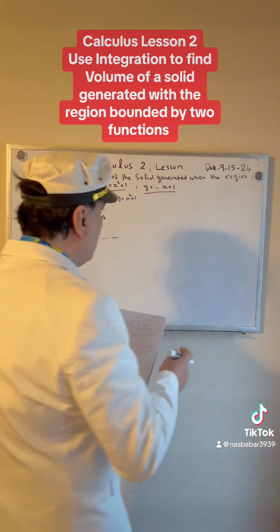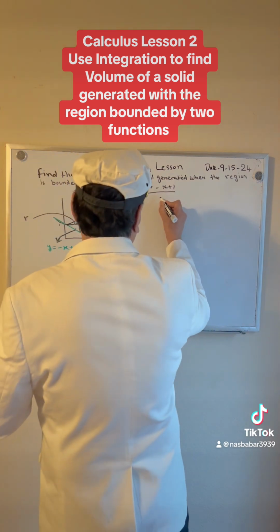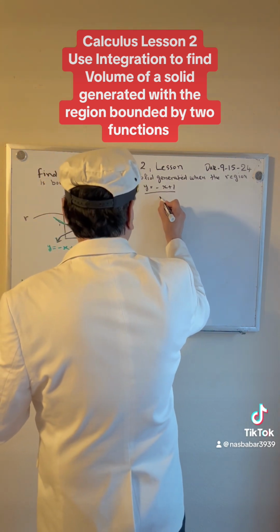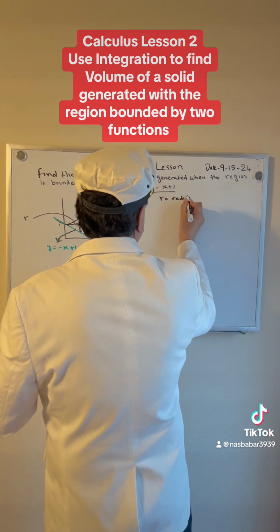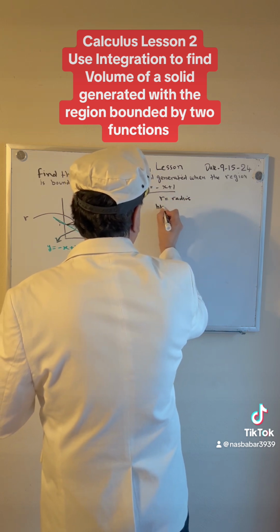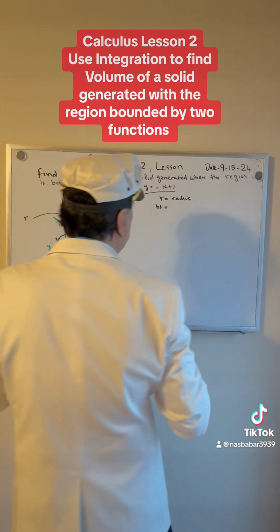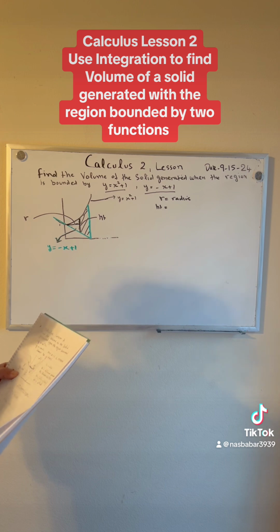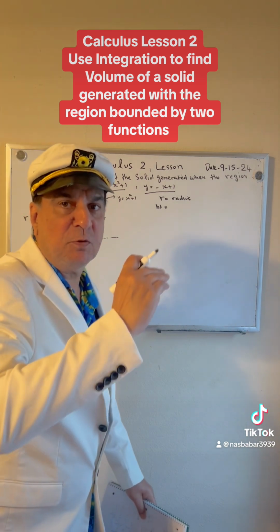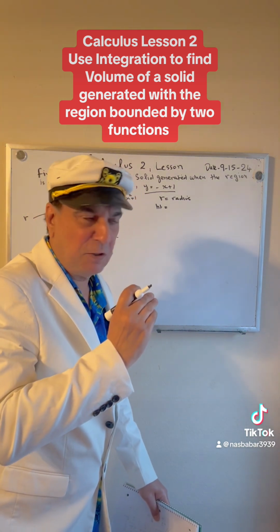So now we said that R is equal to radius. Okay. And what is the height? The height is going to be the difference between the function of the parabola and the function of the line.